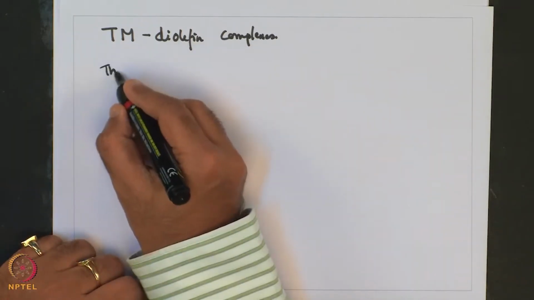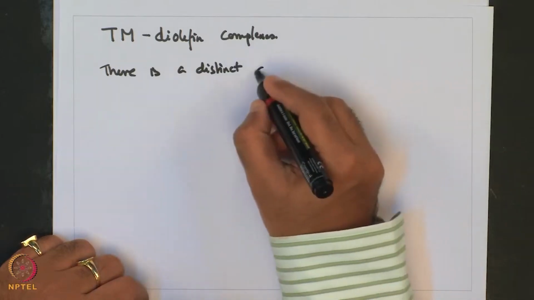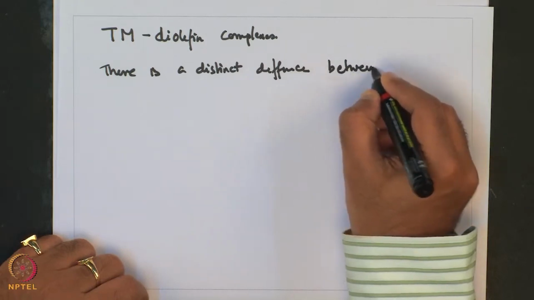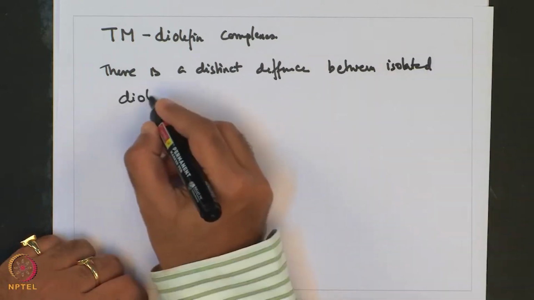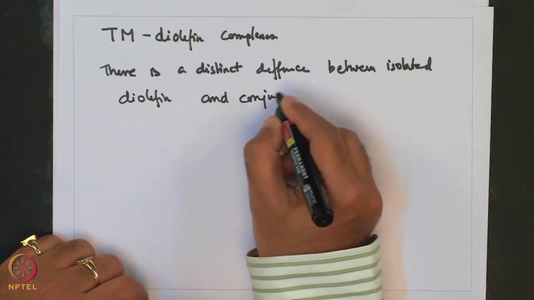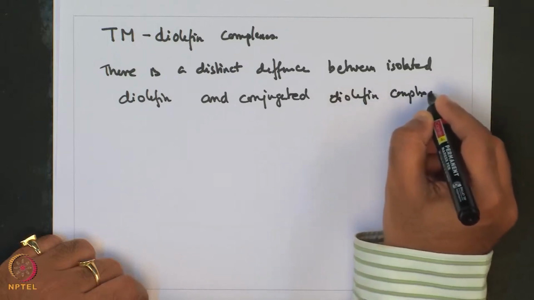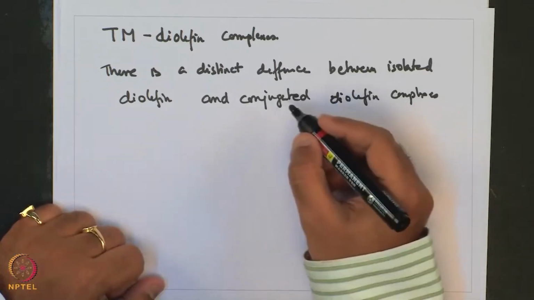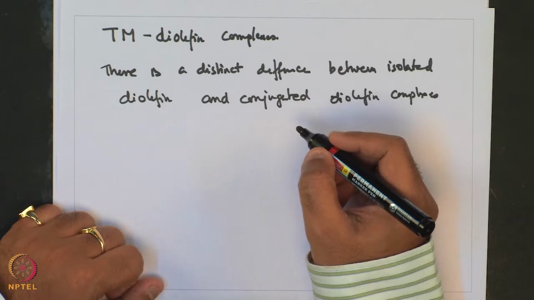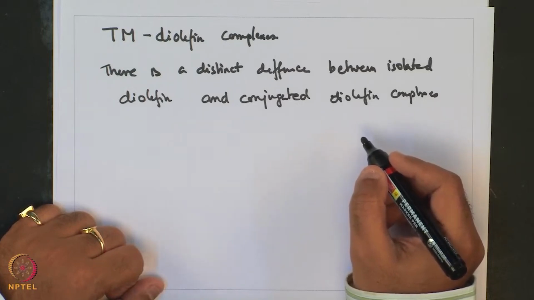One must realize that there is a distinct difference between isolated diolefin and conjugated diolefin. This is different because as a result of conjugation, the bond length and structure of this diolefin would change, and hence conjugated diolefin is different from isolated diolefin.